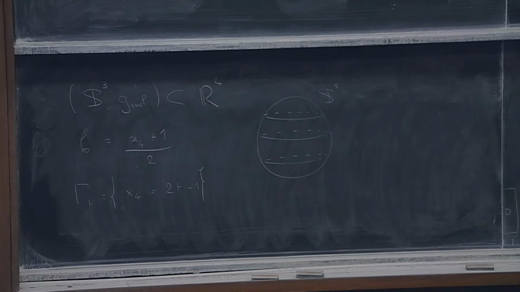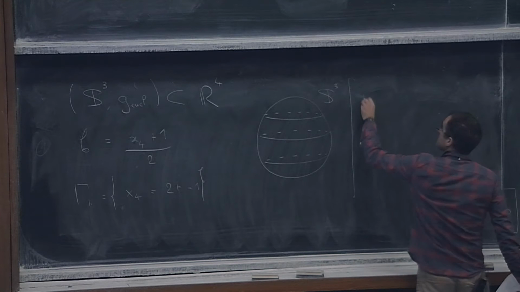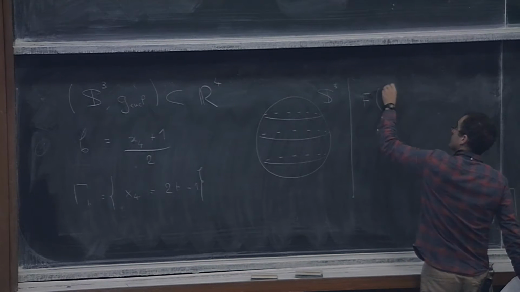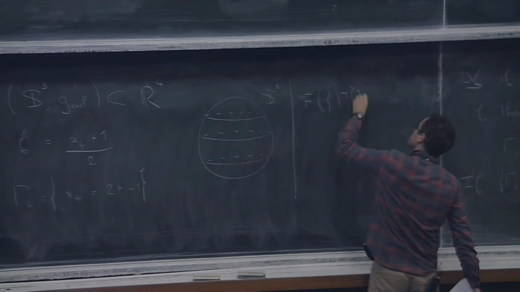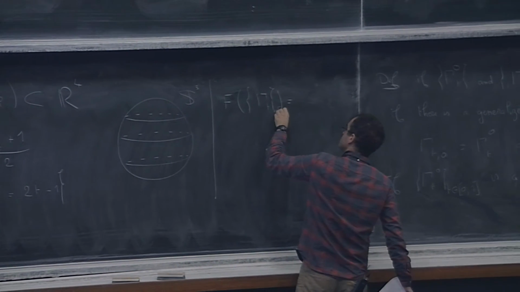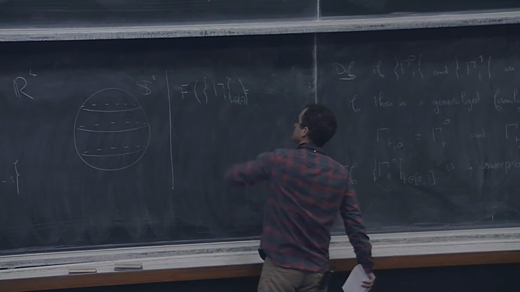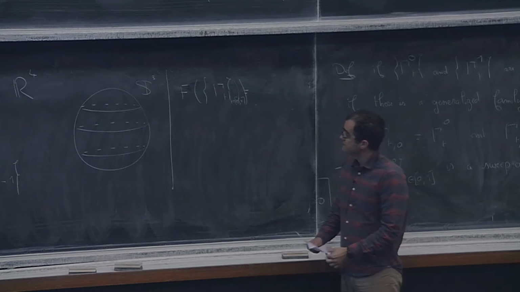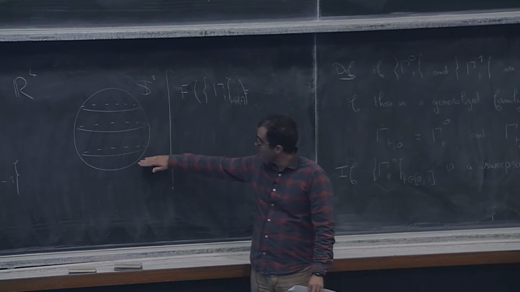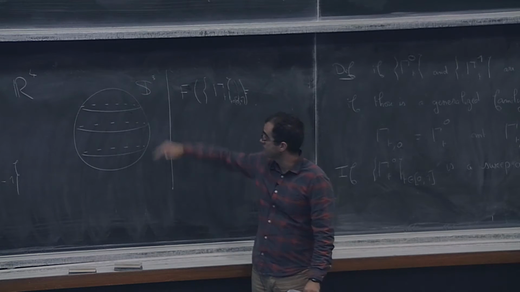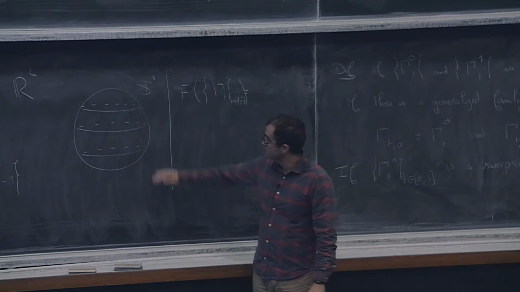So let's apply the whole machinery with this. First, what is the value of the area of gamma_t for that particular sweepout, t between 0 and 1? In fact, what you see, you compute the area of the parallels of this manifold, and the largest one is just given by the equator.